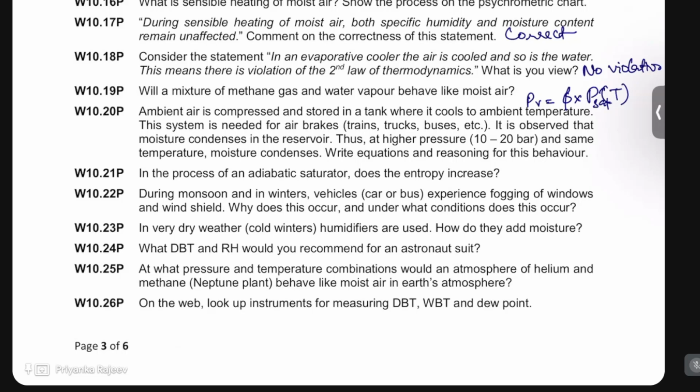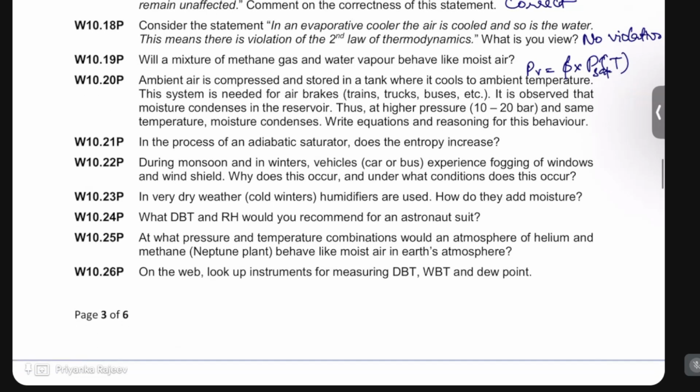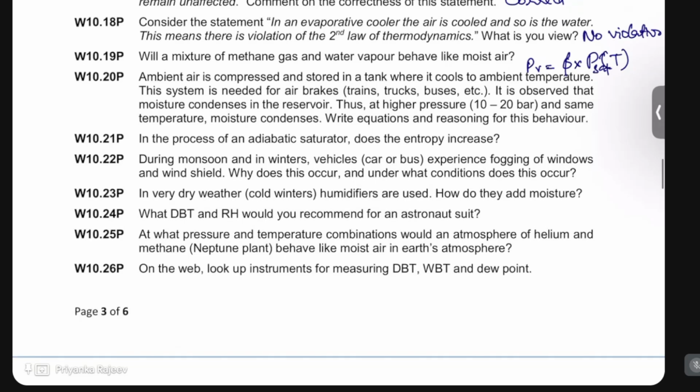In very dry weather, humidifiers are used. How do they add moisture? So humidifiers in dry winter add moisture by evaporating water using ultrasonic, steam, or evaporative methods.